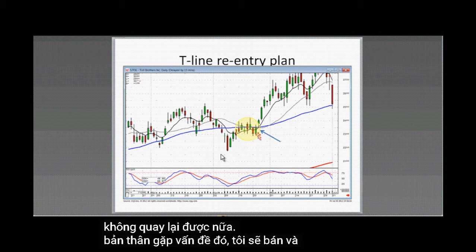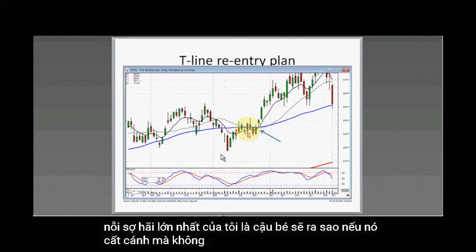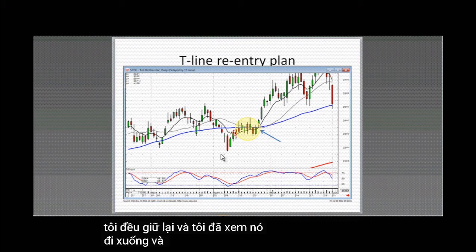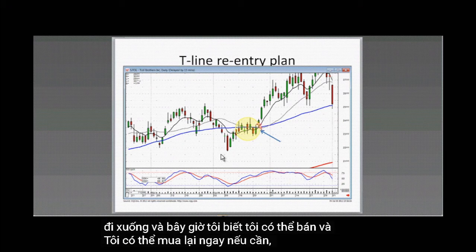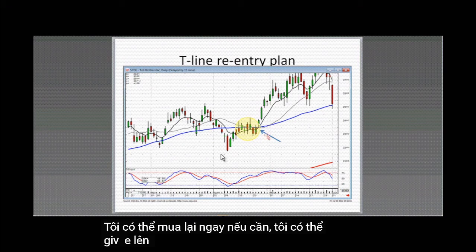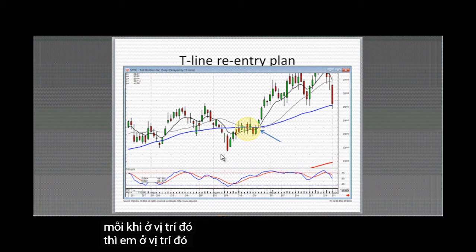I would sell, and my biggest fear would be, boy, what if it took off without me? So most of the time I'd hold on and I'd watch it go all the way back down. Now I know I can sell and I can buy right back if I need to. I may give up 30, 40, 80, 20, but I know every time I'm in that position at the right trade at the right time.